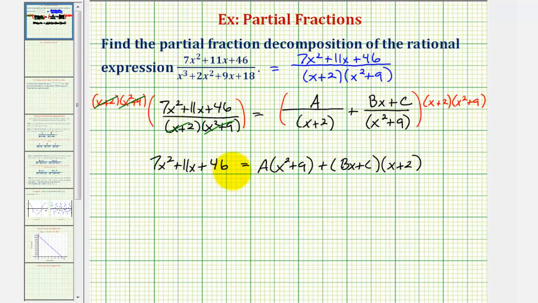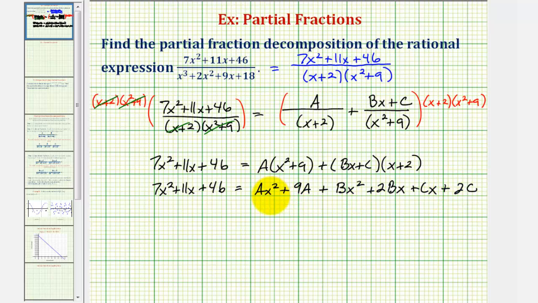So for the next step, we'll multiply out the right side. So we'd have ax squared plus 9a plus bx squared plus 2bx plus cx plus 2c.